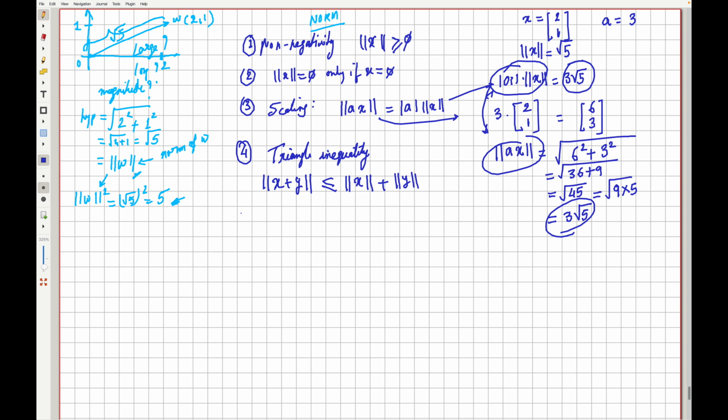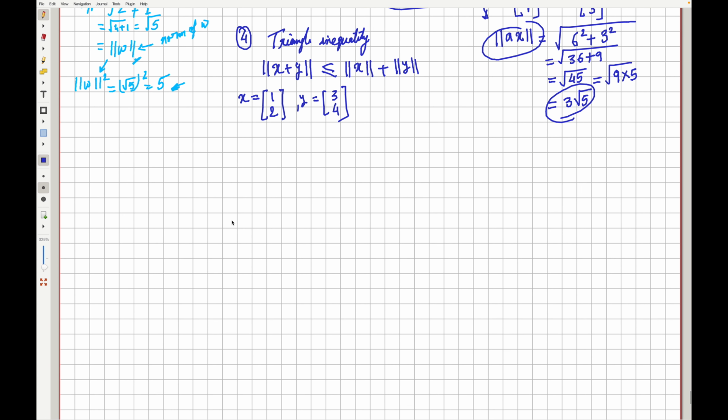For example, if we have a vector x that is 1, 2, and we have another vector y which is, let's say, 3, 4, and we calculate x plus y, what we get is 1, 2 plus 3, 4, and that equals 1 plus 3, 2 plus 4. That gets us the value of 4 and 6.